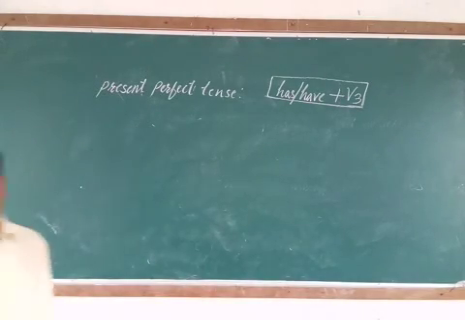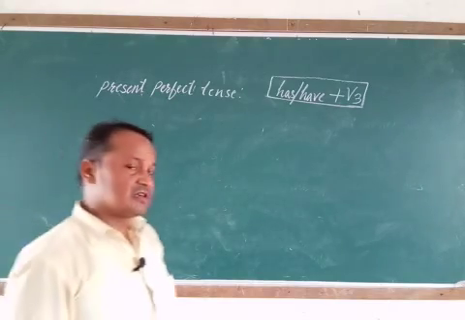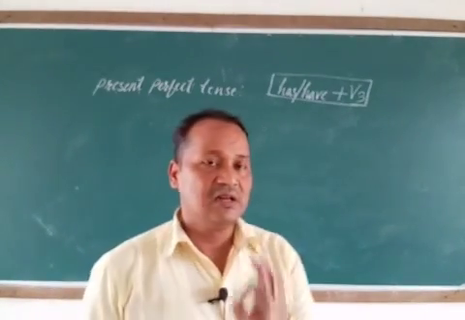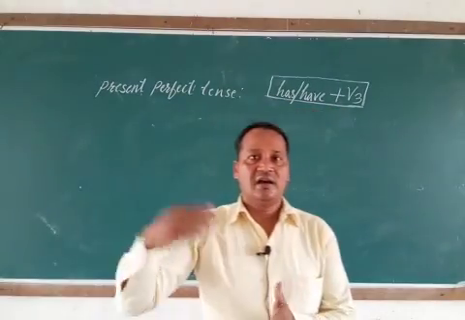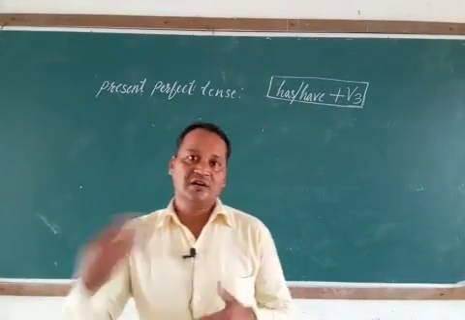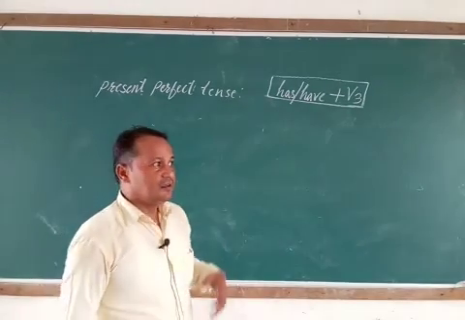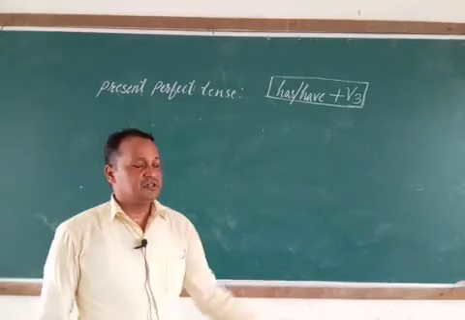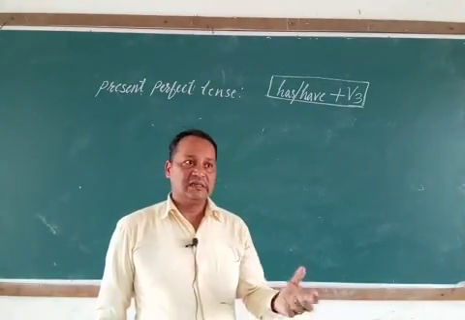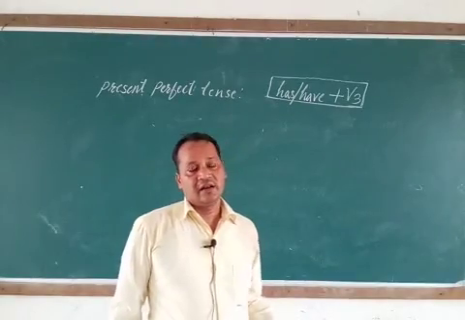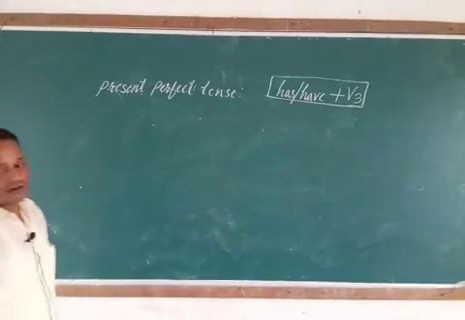So the first use is to describe an action that is being repeated many times between past and present, past and future, means the work is still going on. If any action or incident is repeated again and again, then you will describe it in present perfect tense.